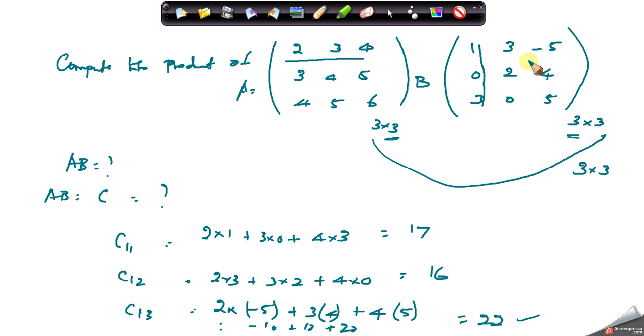This is A, and B is given as 1, 3, minus 5. Fine. Okay, I will write down again.